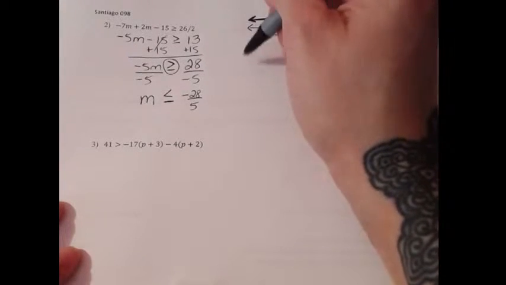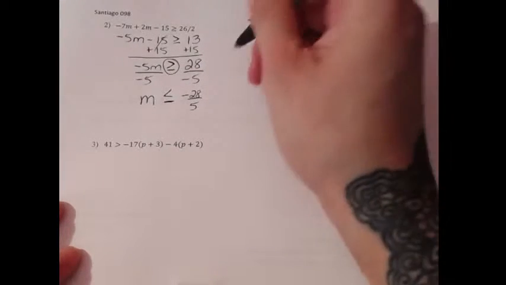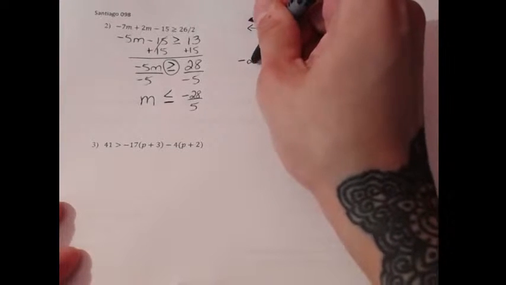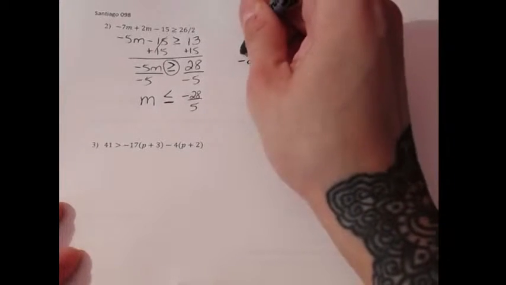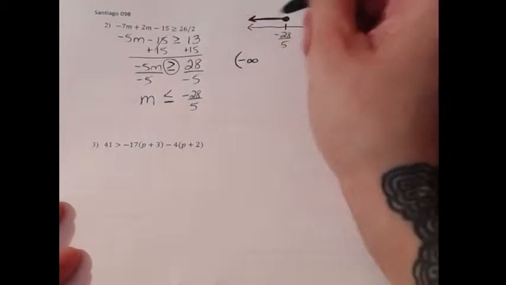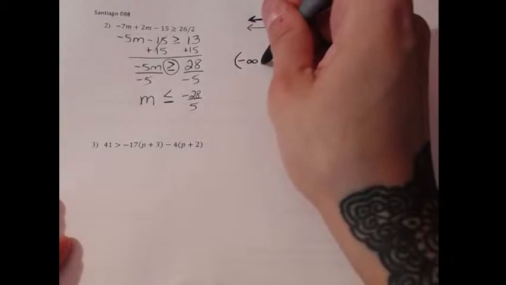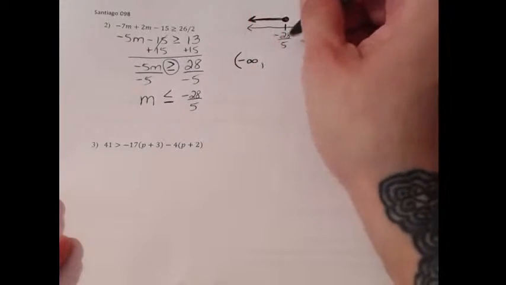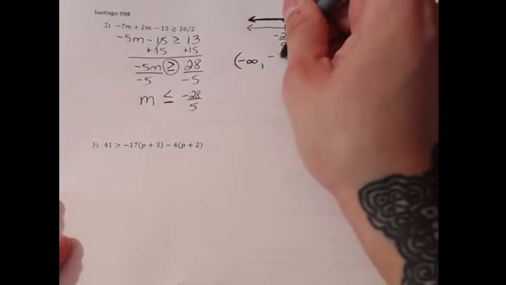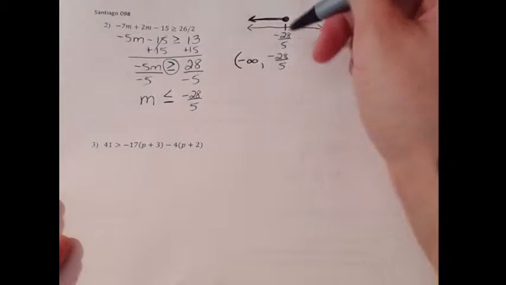So Hannah's suggesting that what's happening here is that we have our negative infinity, and what we're going to do is put a parenthesis around the negative infinity because we can't close it. We cannot say infinity, you end here. But what Hannah is also pointing out is that our upper bound, which is negative 28/5, we are including.